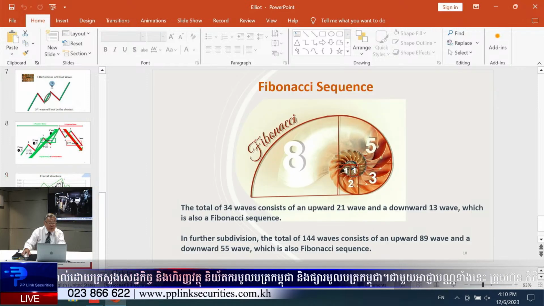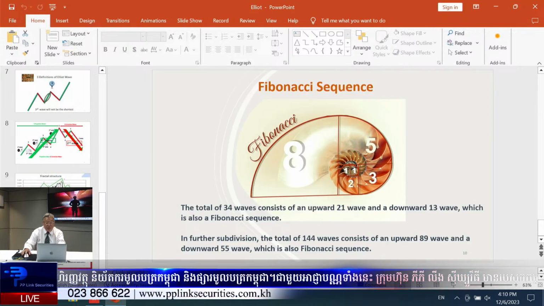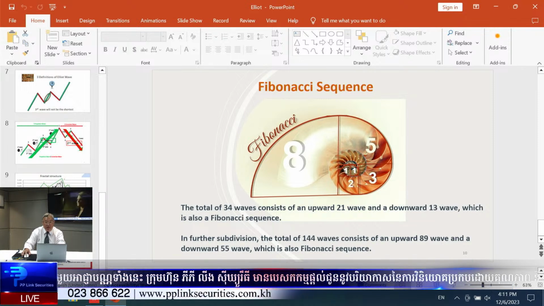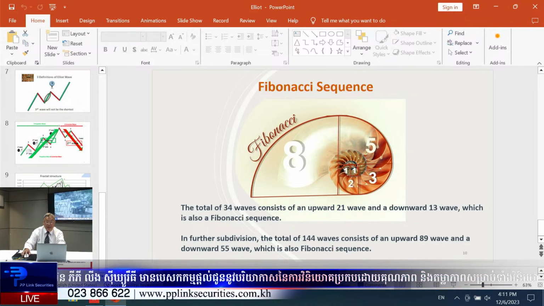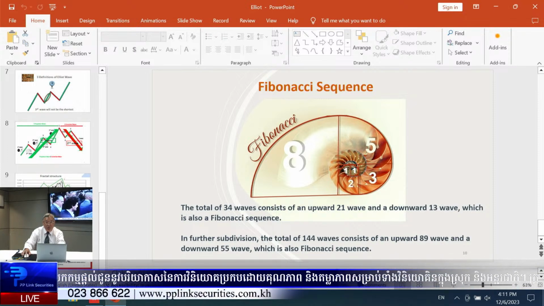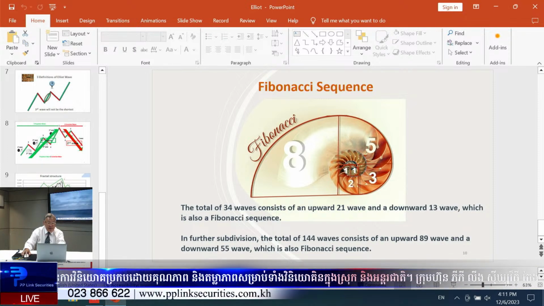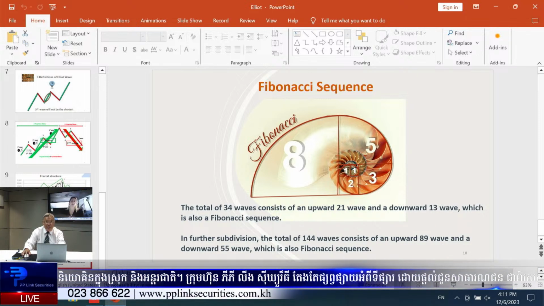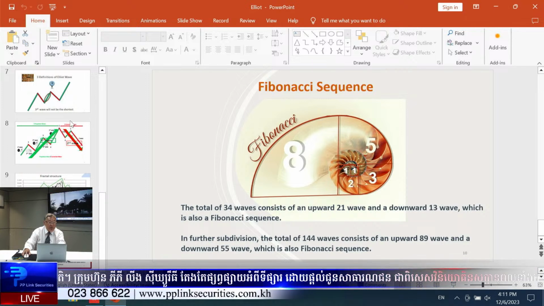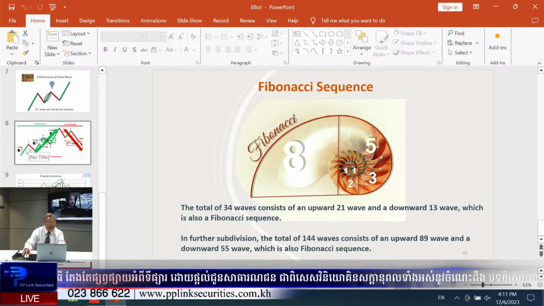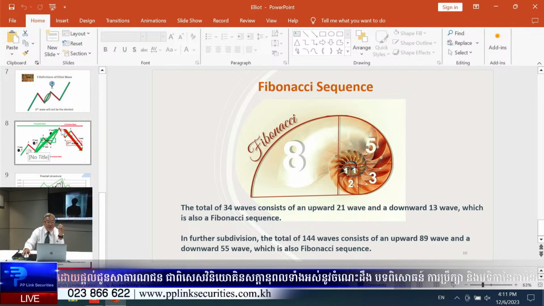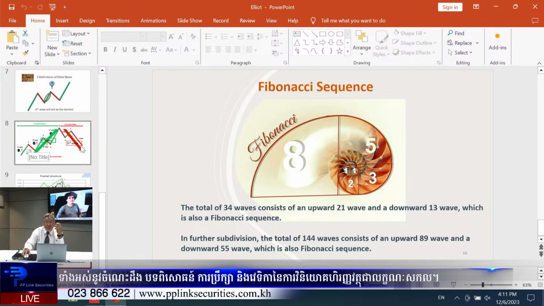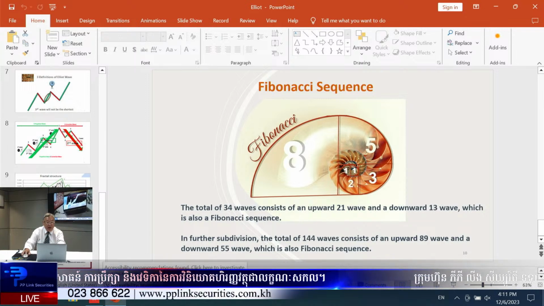And then I have to mention the Fibonacci sequence. Maybe you are not familiar with Fibonacci, but next year I would like to show you and give you some ideas about the Fibonacci. Today I just briefly mention that these Elliott waves, first, second, third, fourth, 5, 1, 2, 5, and then another 3, totally 8 waves, are based on Fibonacci treatment.